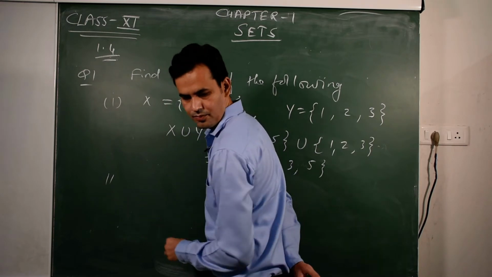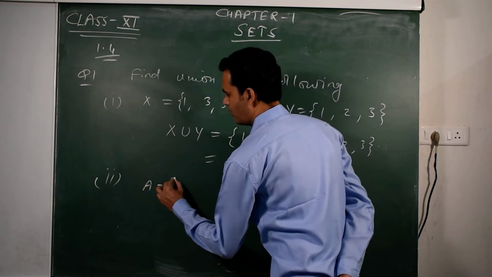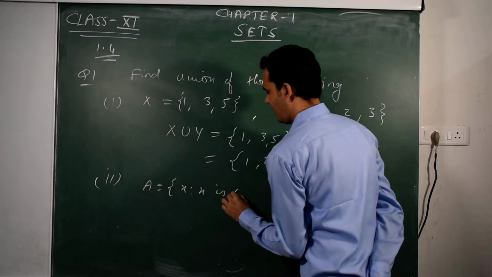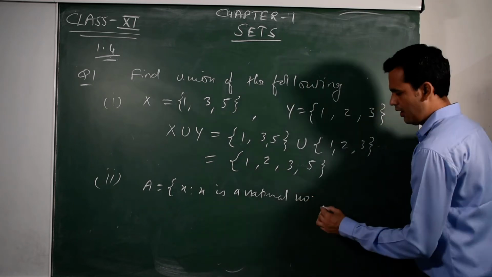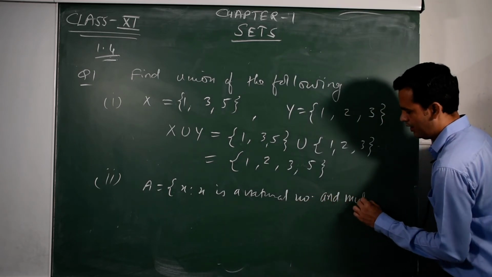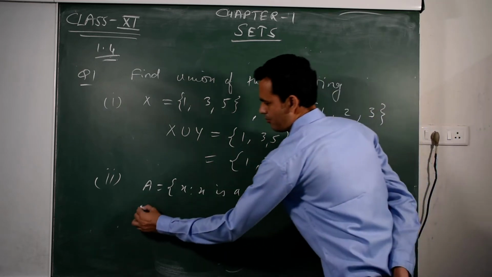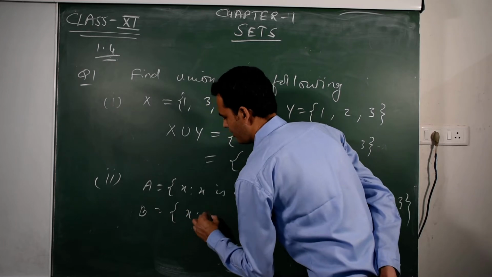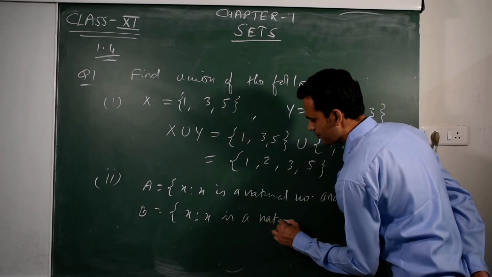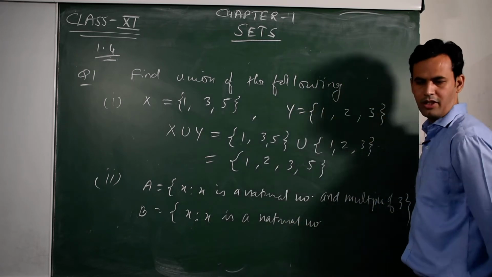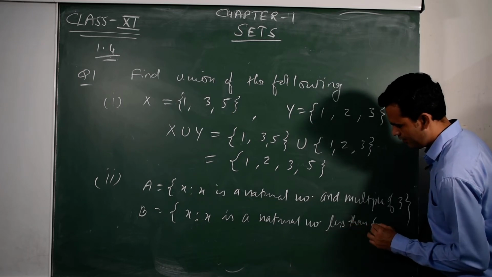Second question is A equals the set of x such that x is a natural number and multiple of 3, and B is the set of x such that x is a natural number less than 6.